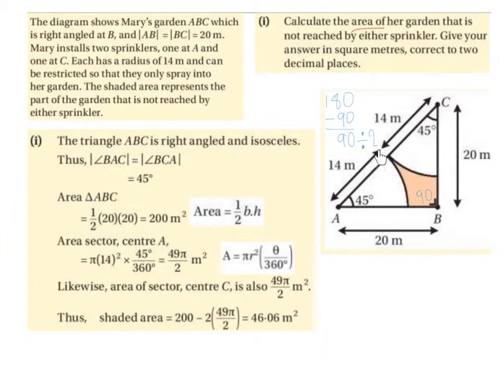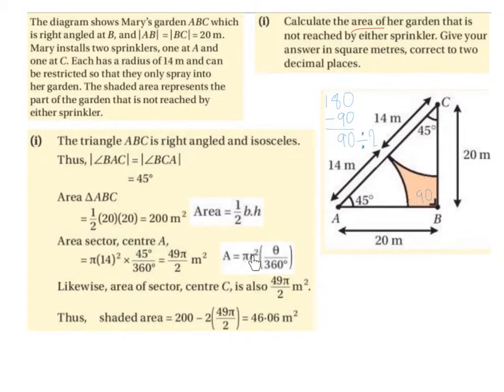Next, we have to get the area of the sector. So it's going to be pi times 14 squared multiplied by 45 degrees over 360 degrees. That's because the formula for the area of a sector is pi r squared multiplied by theta over 360 degrees, theta being the angle that we're using.